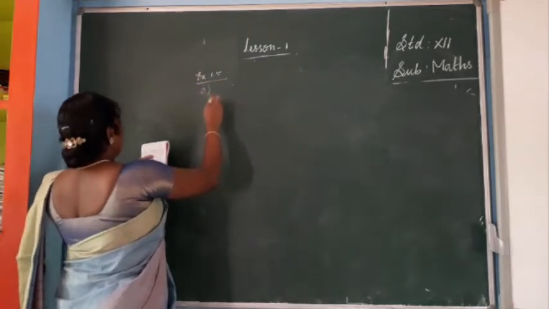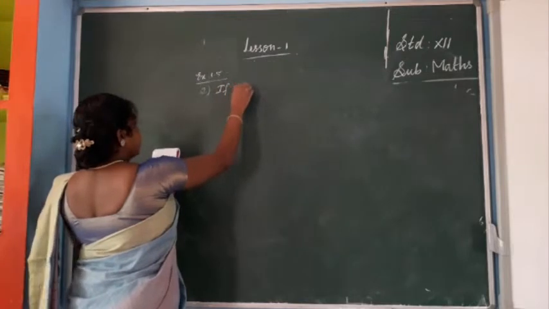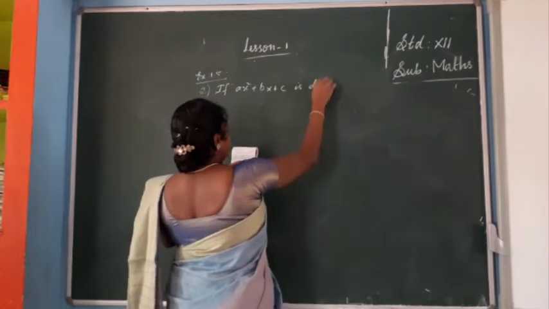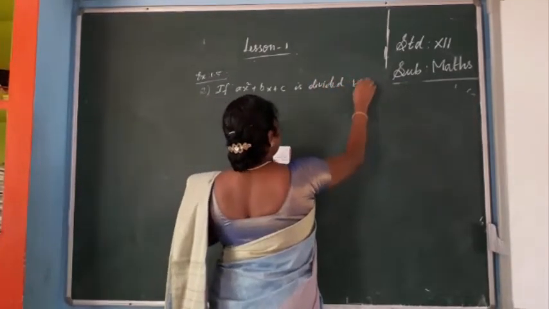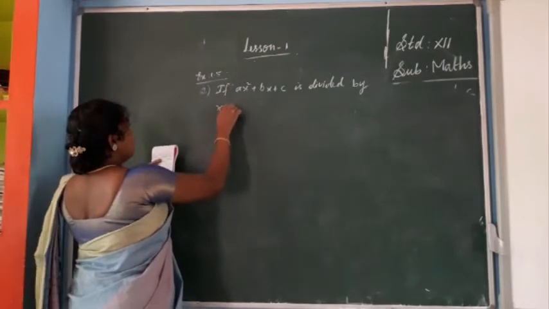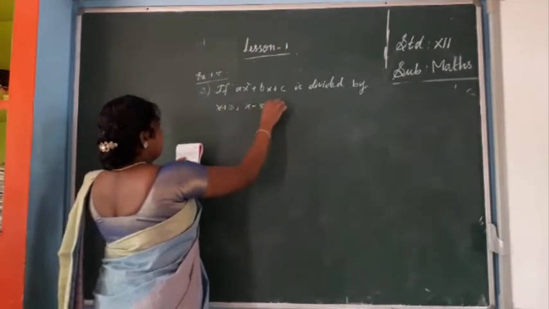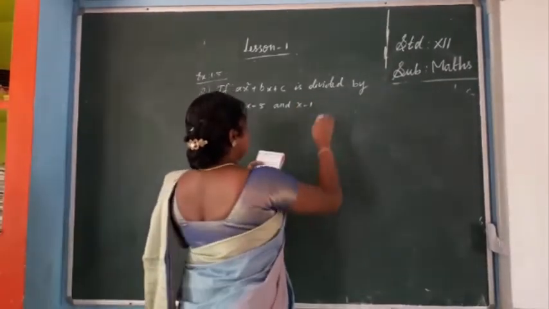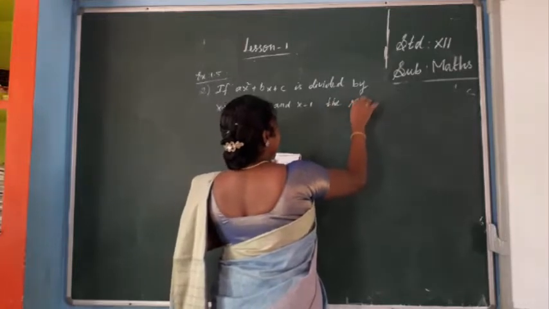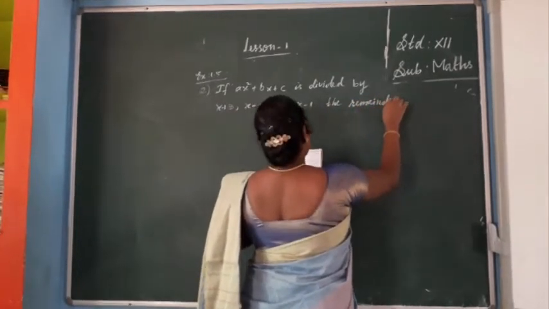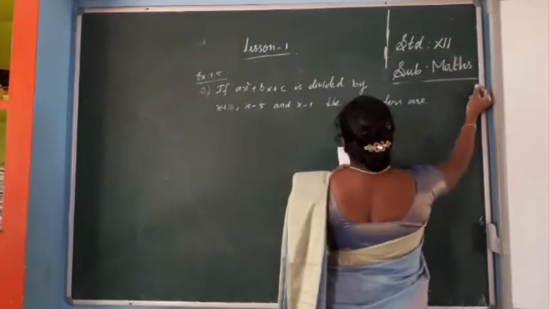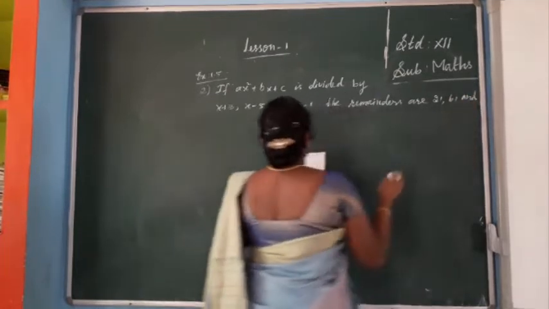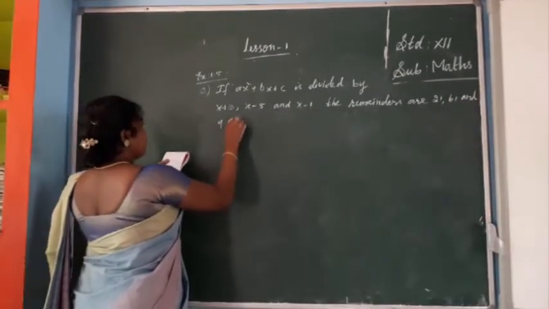If ax square plus bx plus c is divided by x plus 3, x minus 5 and x minus 1, the remainders are 21, 61 and 9 respectively.